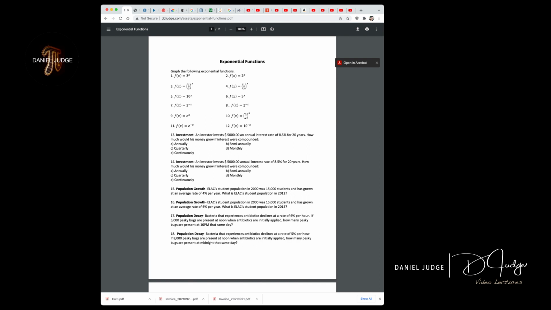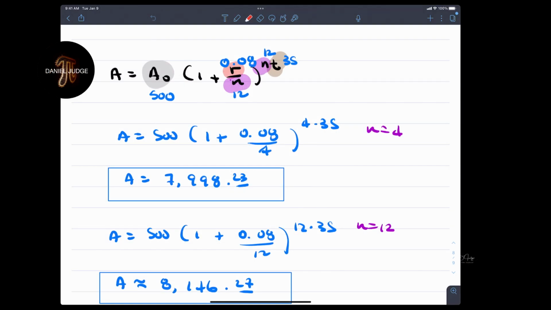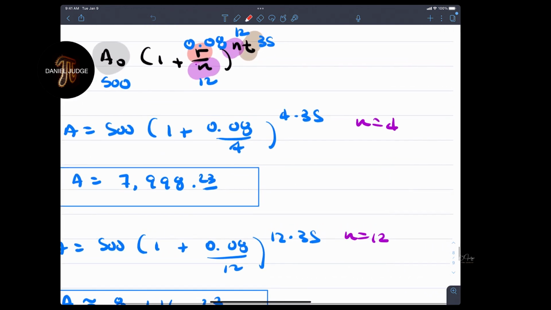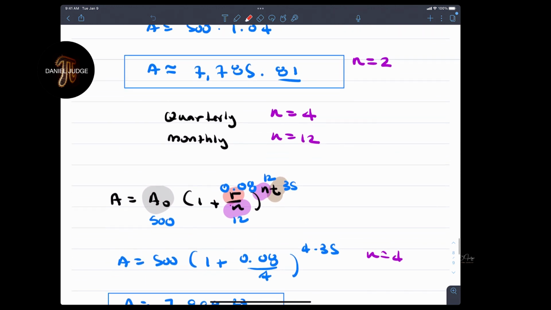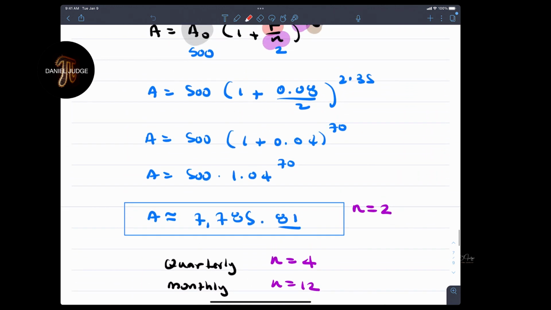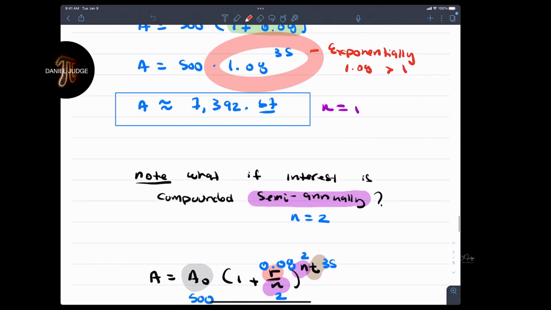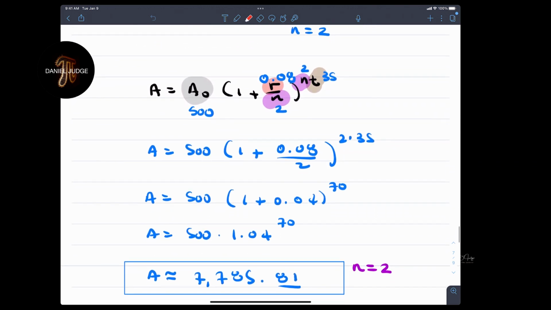But notice this worksheet. This is what we were working on, and this is a part of the course. Now I'm going to introduce to you guys a very important idea. Here's the concept that we were seeing here, that as we moved to have our interest compounded, hold on for a few seconds.